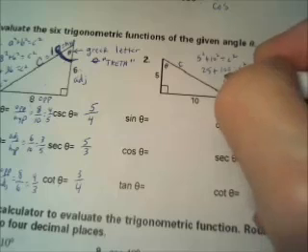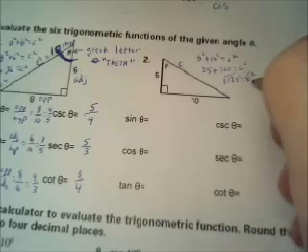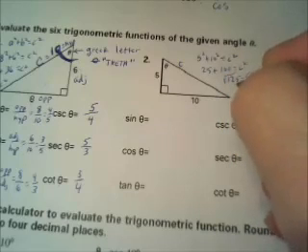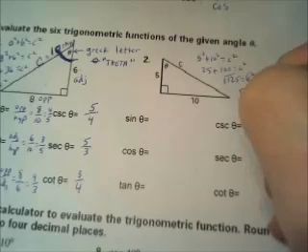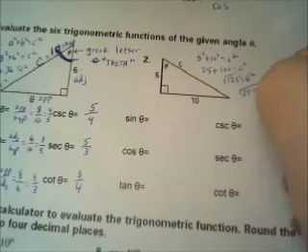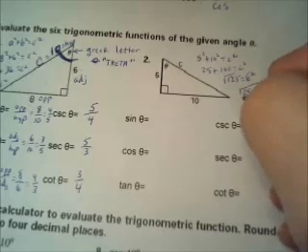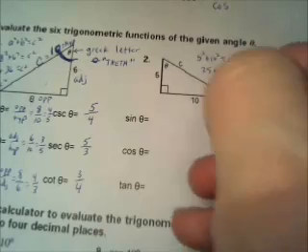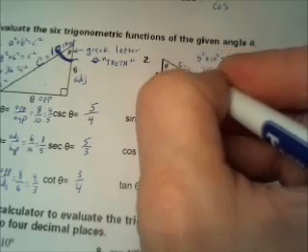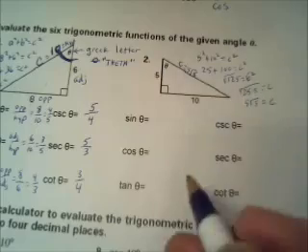And now you have to take the square root, and the square root of 125, well, that can break down into 25 times 5. Take the square root of 25 and you get 5 square root of 5. That's equal to c. So here's c, 5 square root of 5.